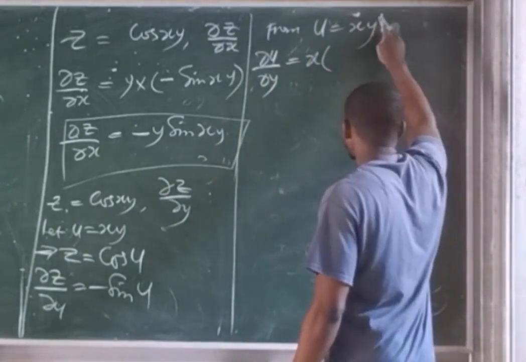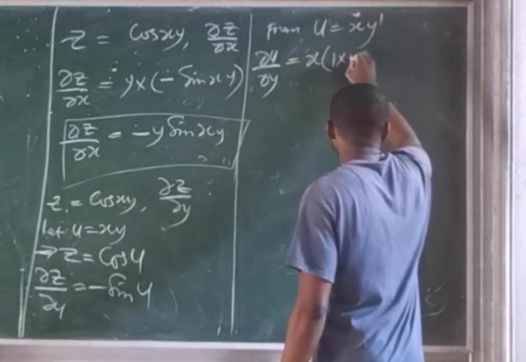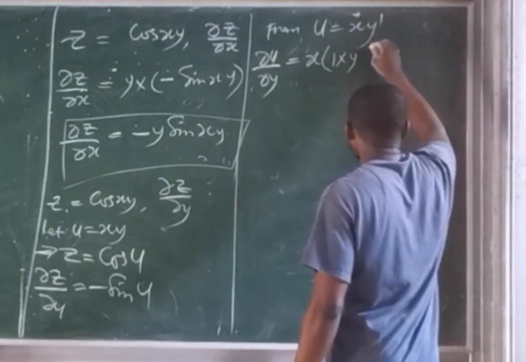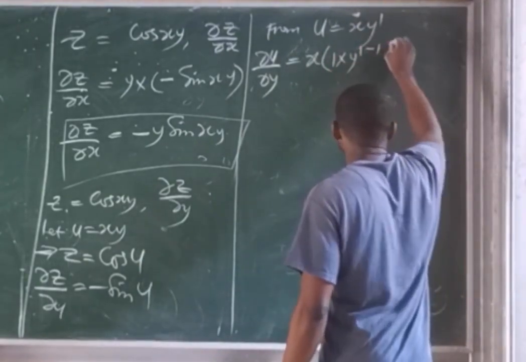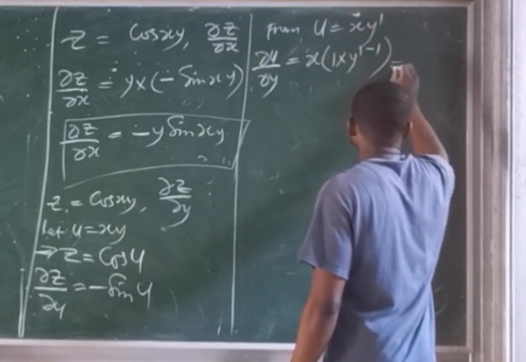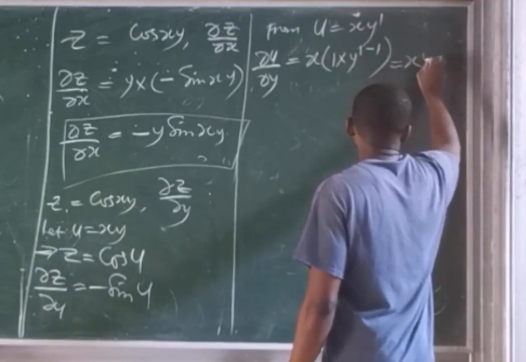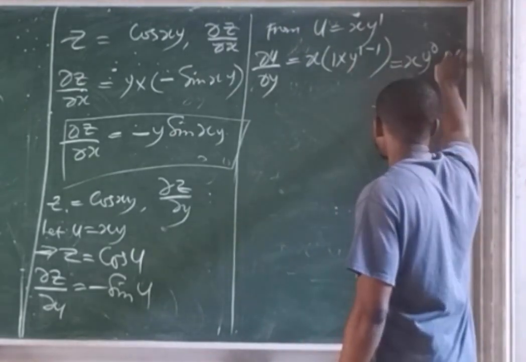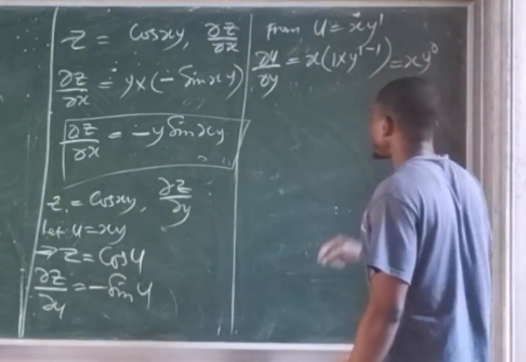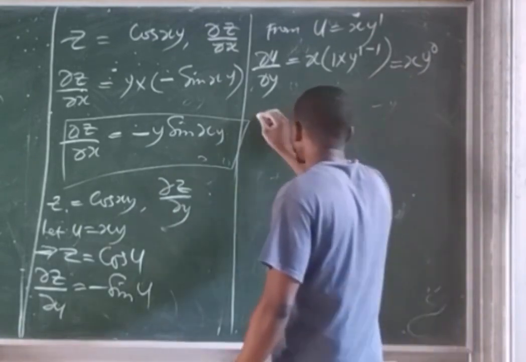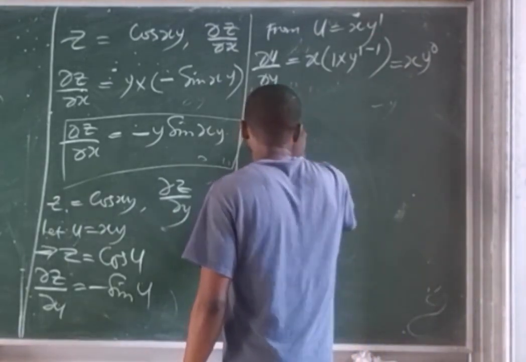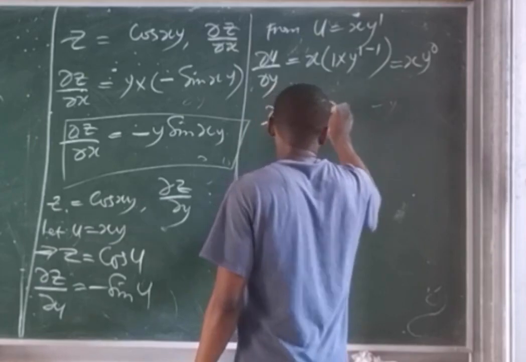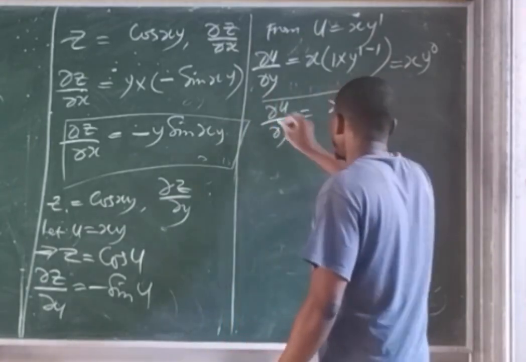So use the power to multiply y, I will have 1 times y, then remove 1 from the power, so I have 1 minus 1. This gives me x times y to the power of 0, because 1 minus 1 is 0. And any number to the power of 0 is simply 1. So therefore, partial u, partial y is simply x.